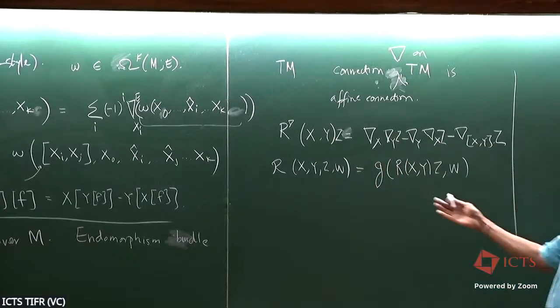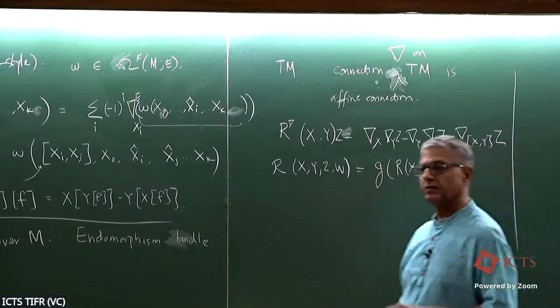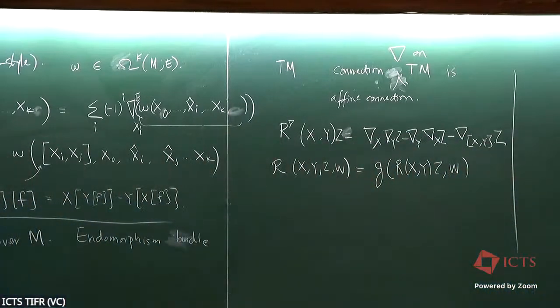But this to me is the more basic object, this endomorphism valued 2-form. So that's what curvature is. It's an endomorphism valued 2-form.